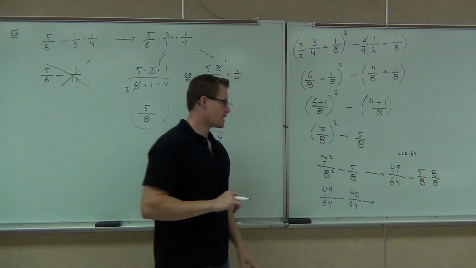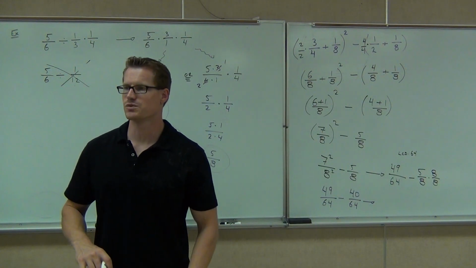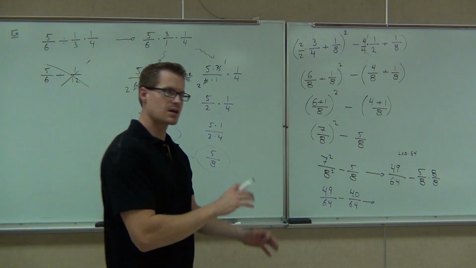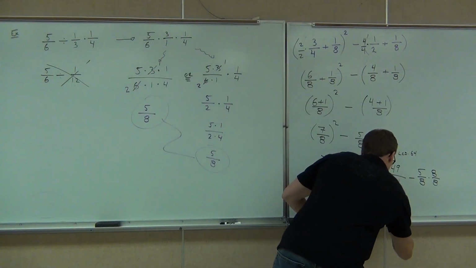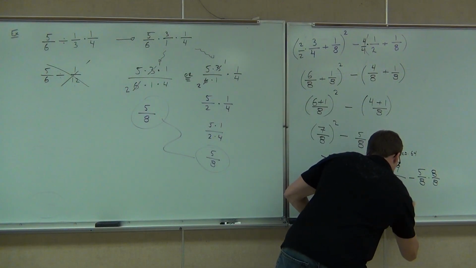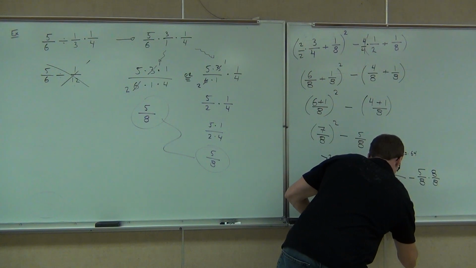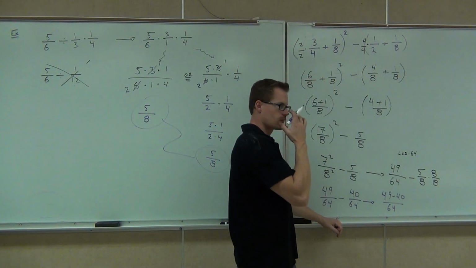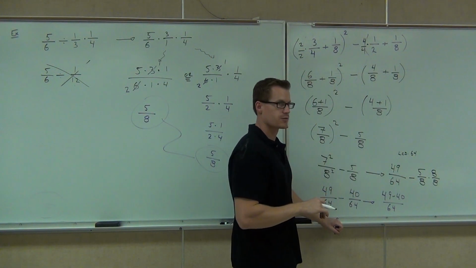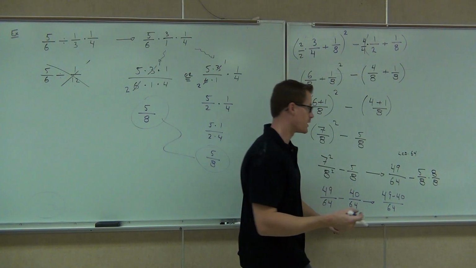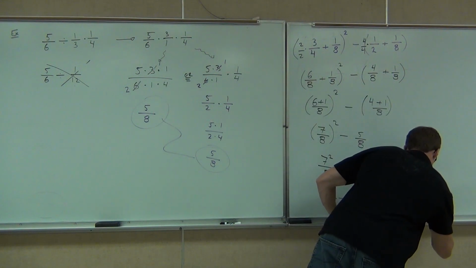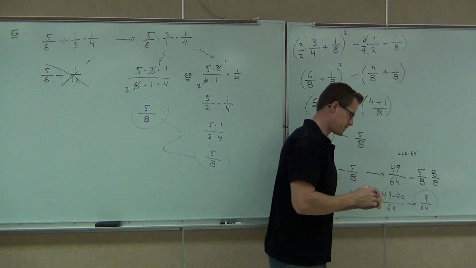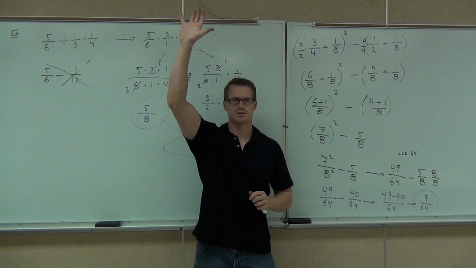So we're going to have 49 64ths minus 40 64ths. We've got that common denominator. We'll put them together as one fraction. 49. And lastly, we'll subtract. 49 minus 40, of course, we get 9. How many got 9 64ths?